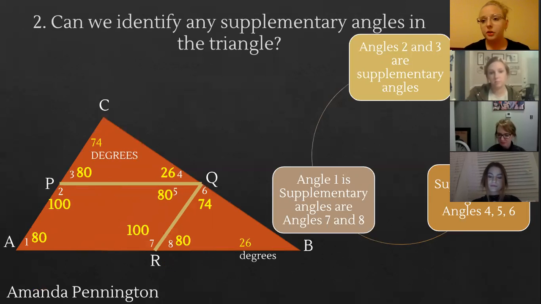So since it's a supplementary line, we know that that's going to be an angle of 180. And there's many more in this, 7 and 8 also a pair. And then if we look at angle 4, 5, and 6, we know all those have to add up together to get 180 as well. Well, thank you. You're welcome.